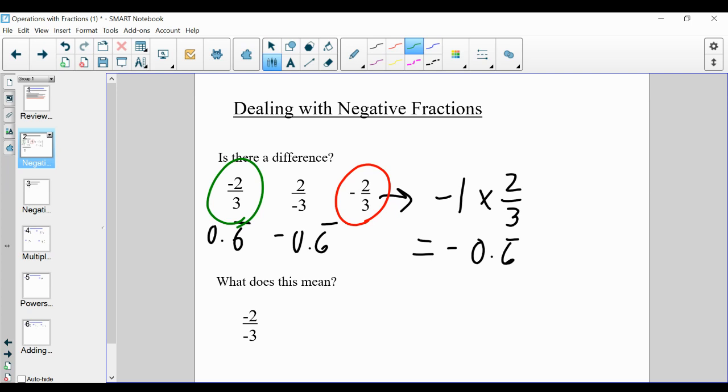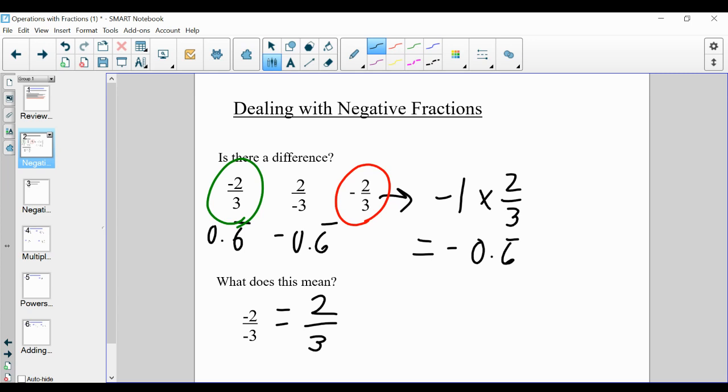Now, that brings us to the second question that you see here. What do you think that one means? So, again, if you used your calculator, a negative divided by a negative will be a positive. So this one is actually the same as 2/3.